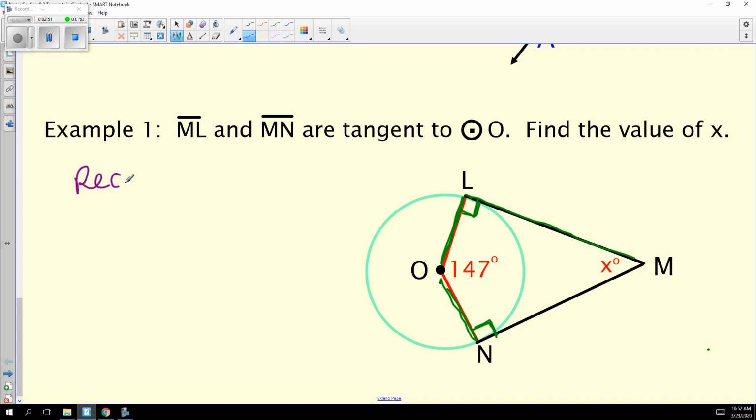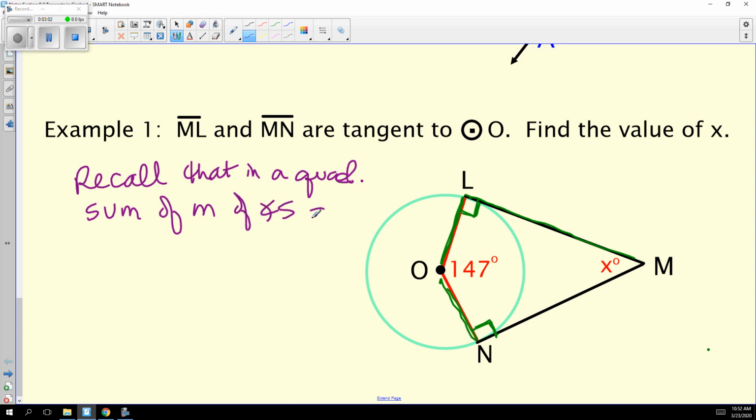Recall that in a quadrilateral, the sum of the measures of the angles is equal to, I know that you know this, 360 degrees. So you can say 90 plus x plus 147 is equal to 360. Add everything together.